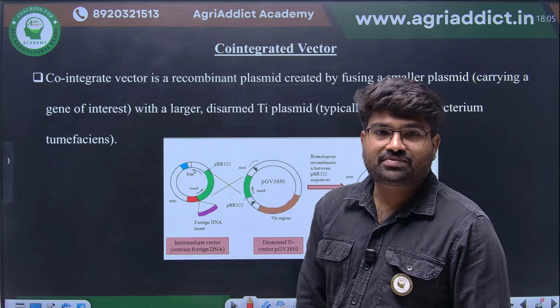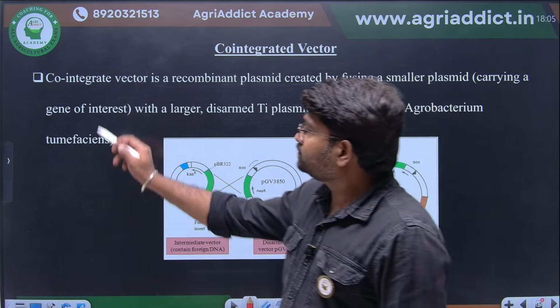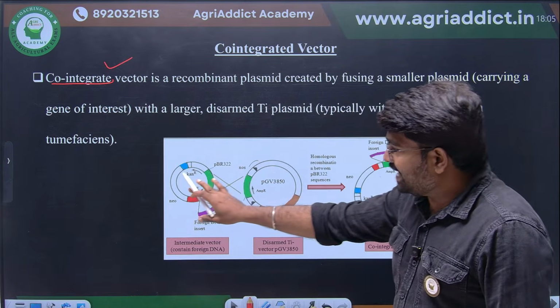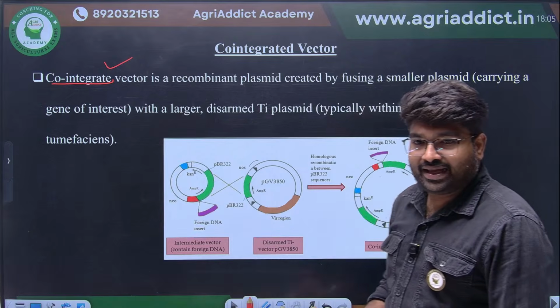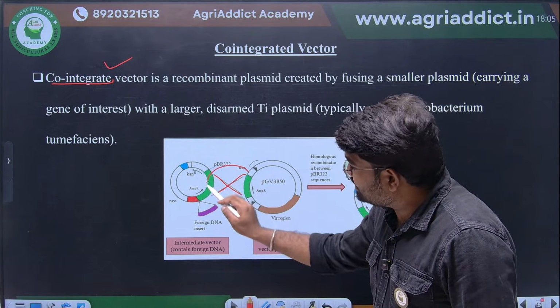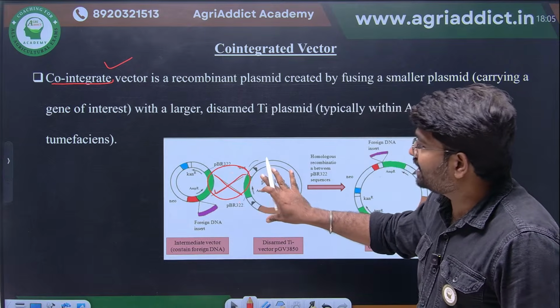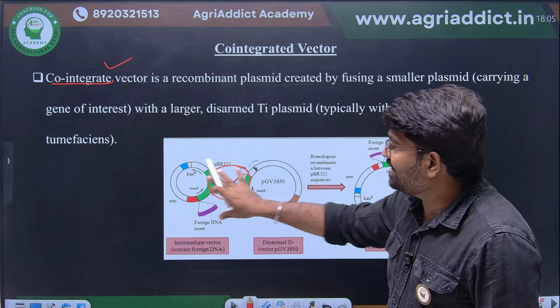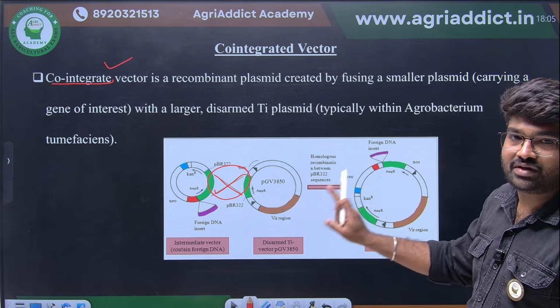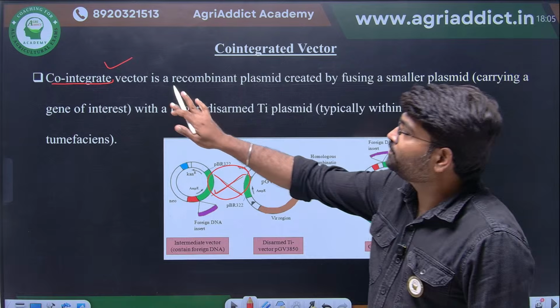Another thing, what is meant by co-integrated vector? Here the same thing, two different vectors will be there, but homologous recombination will happen between these two vectors. Because of this, the T-DNA will be inserted. Clear? So homologous recombination will happen here. See here the definition.